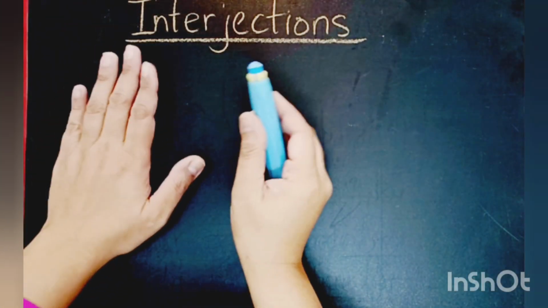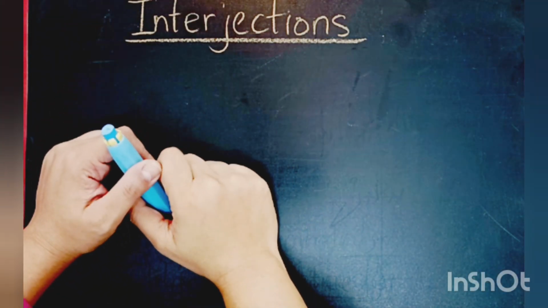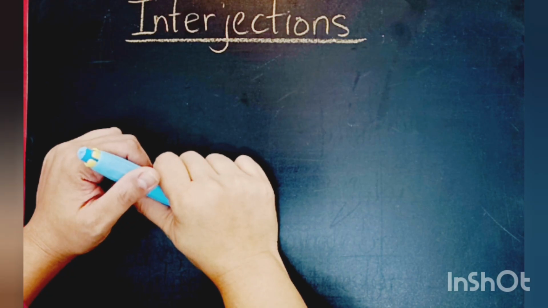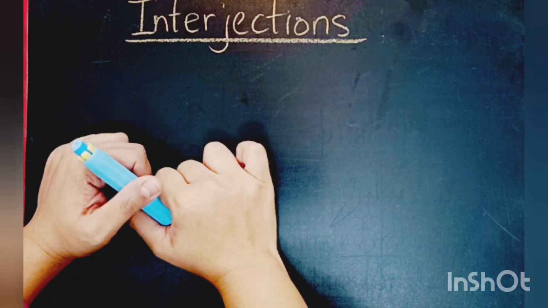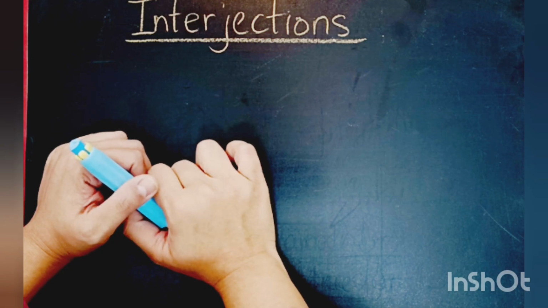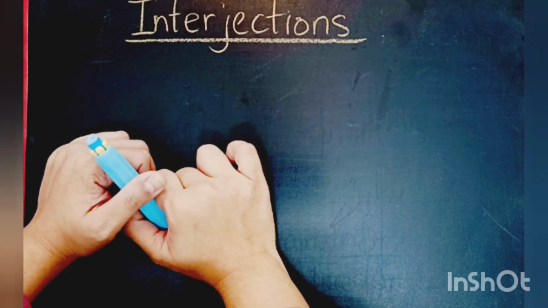So, interjections are the words we use to convey our true, sudden emotions, such as when we are surprised or excited or happy or sometimes angry or sad.